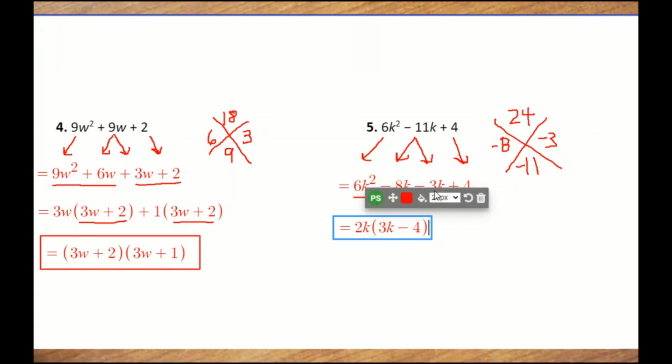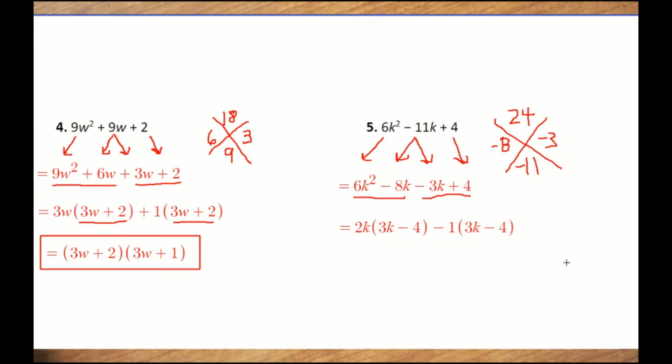So what we can do to flip these signs is to factor out a negative 1, which would flip both signs. Negative 1 times 3k is negative 3k. Negative 1 times negative 4 is positive 4. And not only does that fix our signs, but it also ensures that we get the same thing in both of these sets of parentheses. So our final answer here will be 3k minus 4 times 2k minus 1.